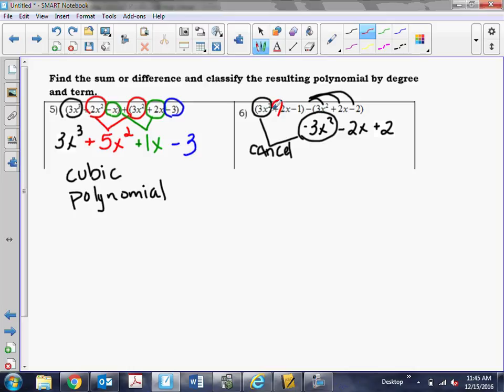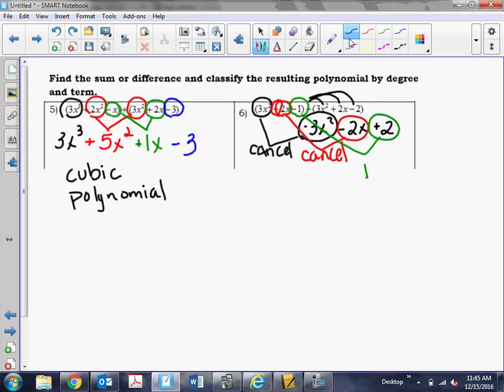We should also see that this 2x and this negative 2x also cancel. If they also cancel, again, we do not write them in our answer. So this one right here, we see that we have a negative 1 and a 2. If we combine a negative 1 and a 2, we end up getting an answer of 1.